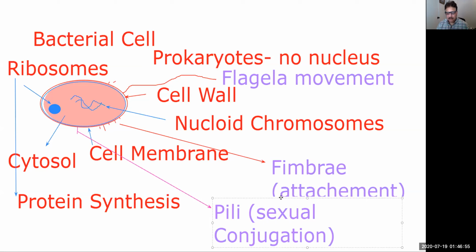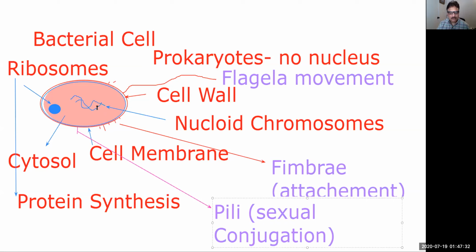Bacteria mainly replicate or divide by asexual means, but rarely bacteria also undergo sexual conjugation. There are no apparent male and female bacteria, no well-defined sexual organelles, but bacteria that have pili are designated as male, and bacteria that don't have pili are considered female. So pili help in sexual conjugation and help in injecting the DNA into the female bacteria.